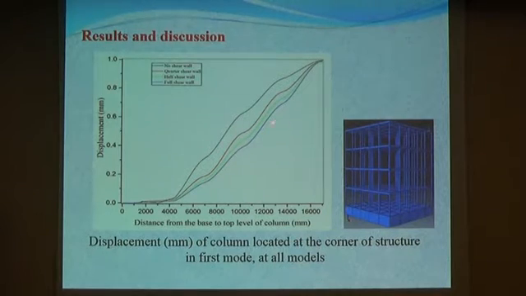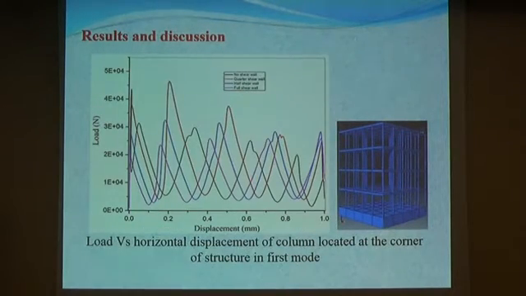The maximum flexibility occurs when there is no shear wall. But when we have the quarter shear wall, the flexibility of the structure is moved. This is a second reason we can say the crack will occur later when we have the quarter shear wall.